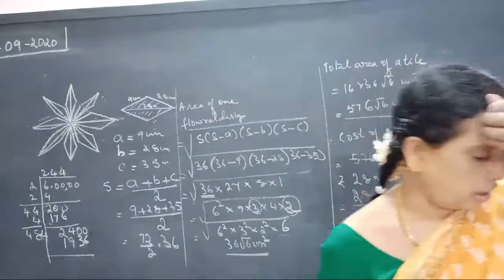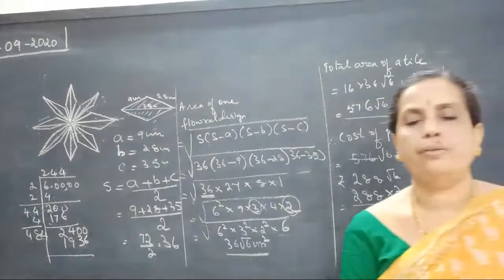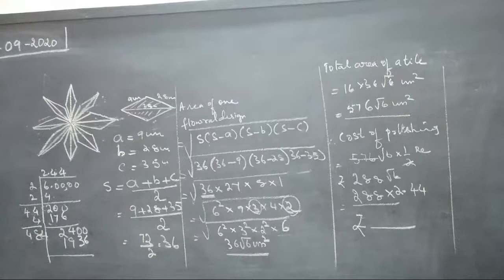Please check the answer. 705.45. Root 6, 2.44 into 288.